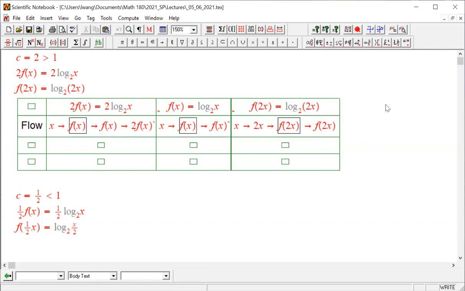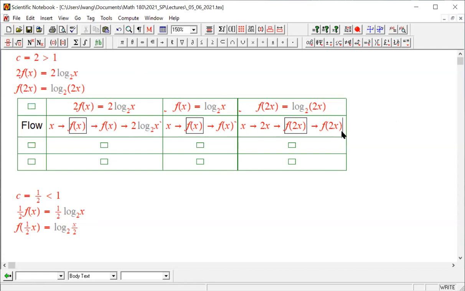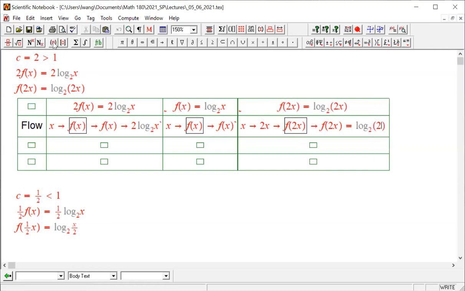So you can see the consequence is slightly different. Let's see how big that difference is. This consequence will be log base 2 of 2x.